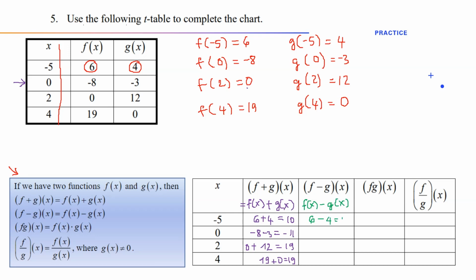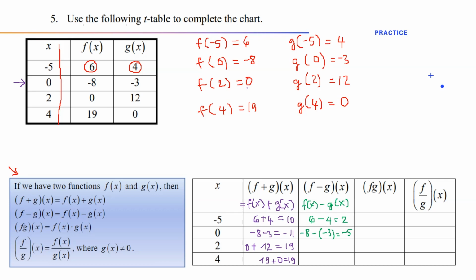So 6 minus 4 is 2. Okay, for the 0, we have negative 8. Subtract the g of x. g of 0 is negative 3. That will be negative 8 plus 3, that's negative 5.